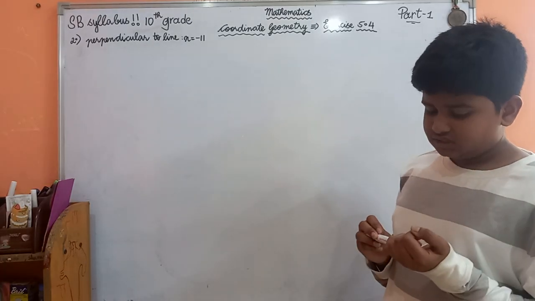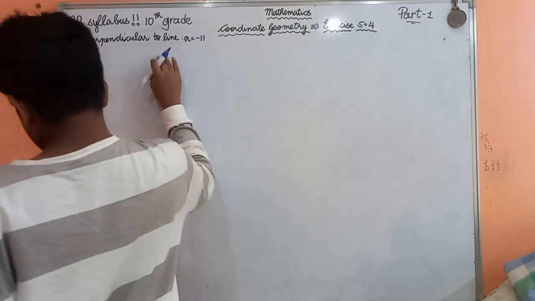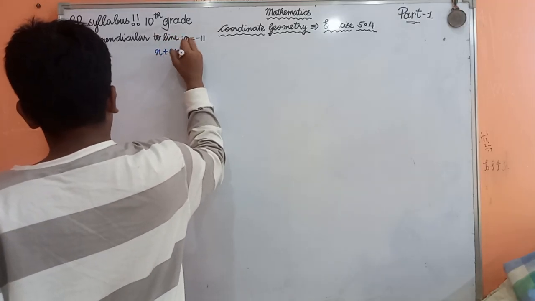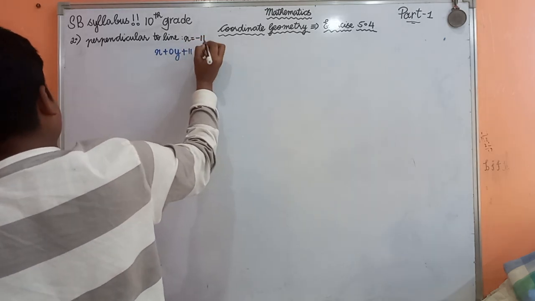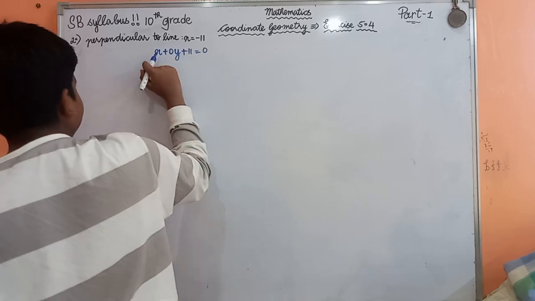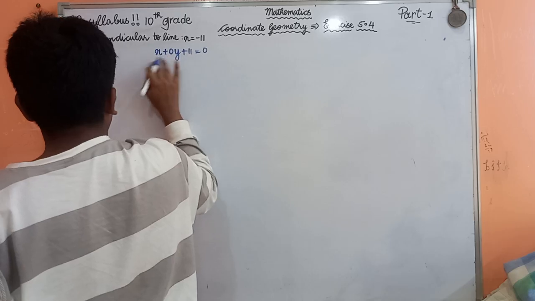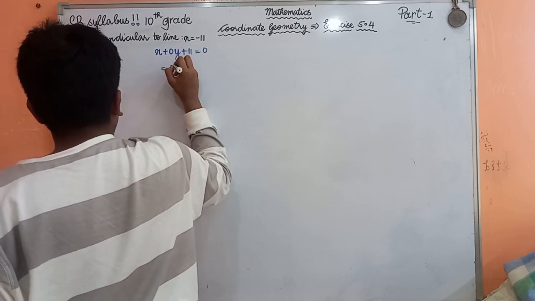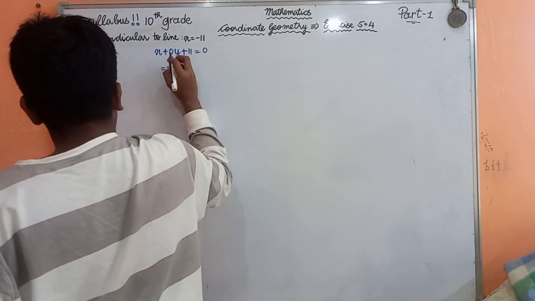There's no y, so we can put it as x plus 0y plus 11 is equal to 0. Then minus the coefficient of x, 1, by 0, so it's minus 1 by 0.